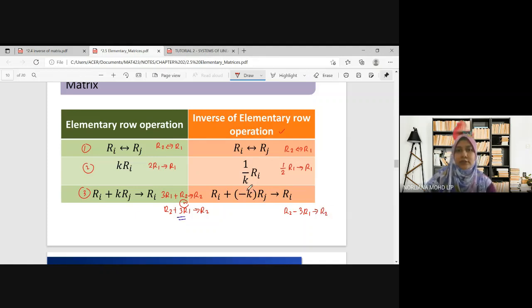Ni dia jadi negatif. Dia tukar sign lah. Kalau contoh kat sini negatif, dia akan jadi positif lah kat sini. Contoh ni yang pertama kan. Contoh dah kedua dapat row 2 minus 2 row 1. Transform into row 2. So kat sini dia akan jadi row 2 plus 2 row 1. Transform into row 2.